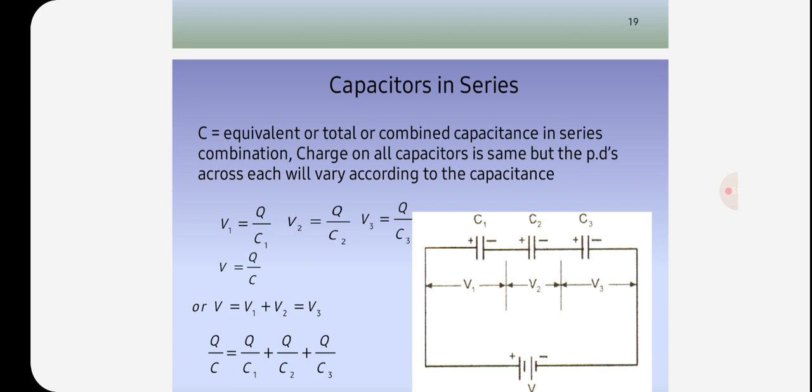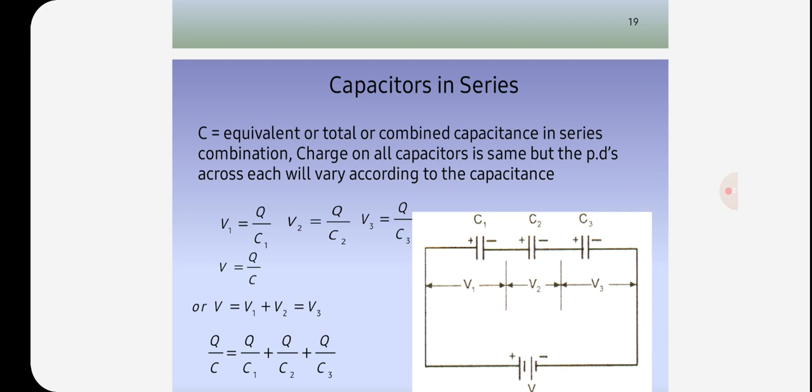With Q equal to CV, taking Q common, V by Q is equal to 1 by C1 plus 1 by C2 plus 1 by C3.